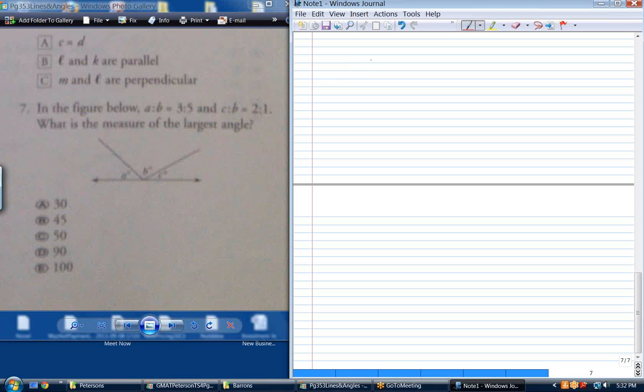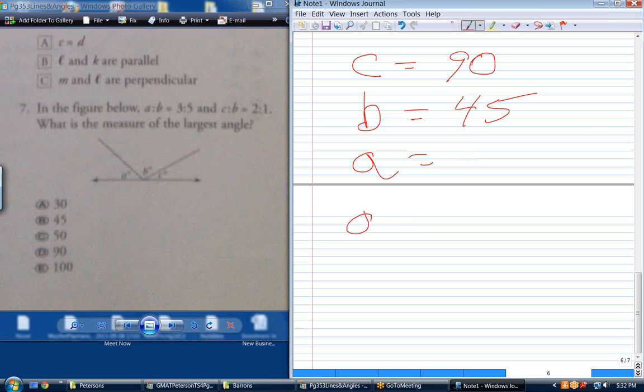So D assumes that C is equal to 90. Now what are our other angles going to be? Well, B would be 45. What would A have to be? 45, right, because the underlying thing we know is that A plus B plus C is equal to 180. So A would have to be 45. Does that work?